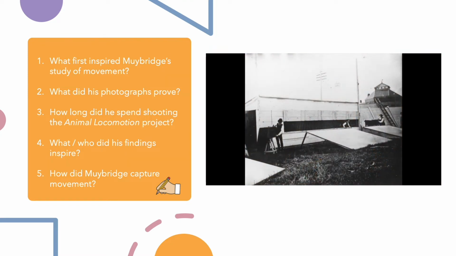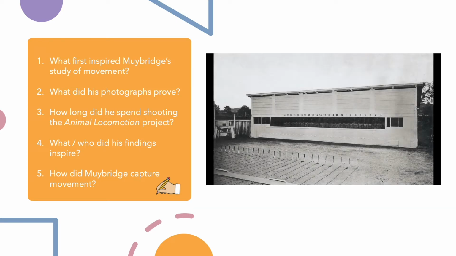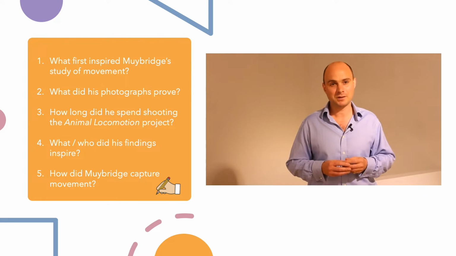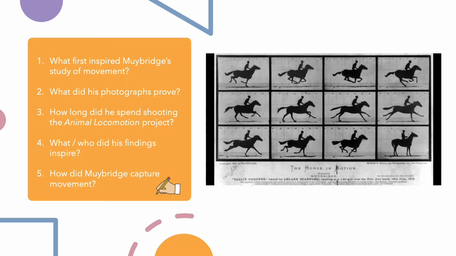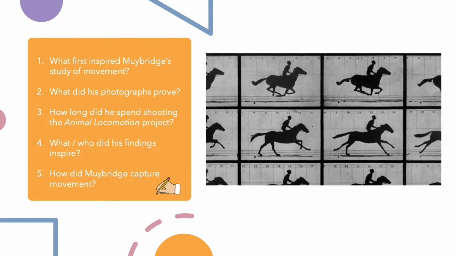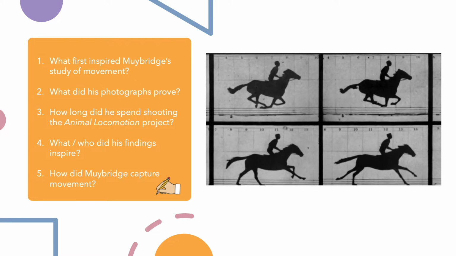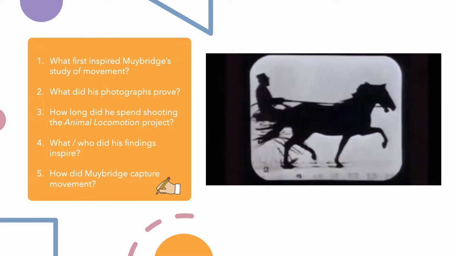In order to photograph the horse at speed, Muybridge engineered a system of multiple cameras with tripwire shutter releases to capture each stage of the movement. The project took him 5 years. In the June of 1878, his photographs proved conclusively, for the very first time, that a galloping horse lifts all 4 hooves off the ground. The effects of Muybridge's discovery were seismic.